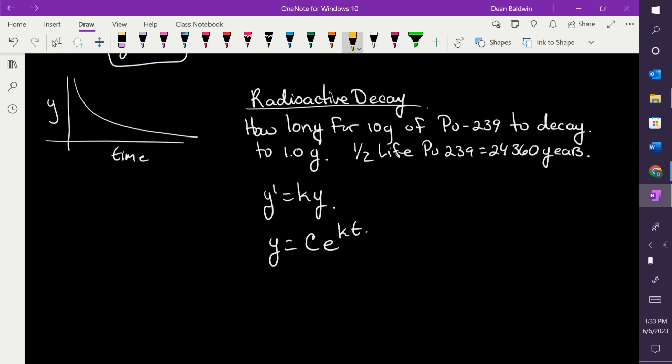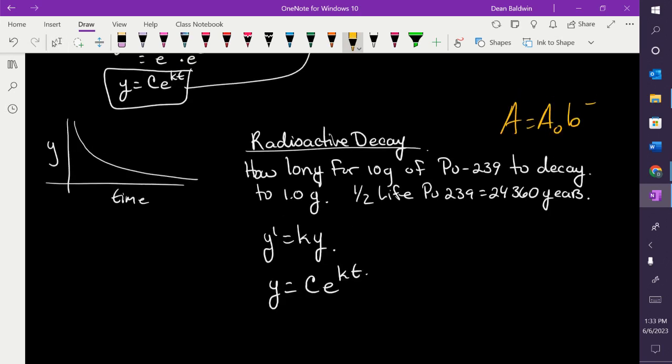All right. So we got to find c first. What is c? If you think back to Math 12, in this formula, a naught is c, essentially.